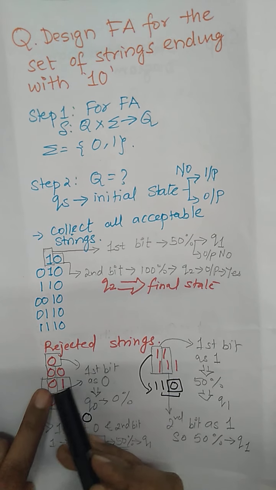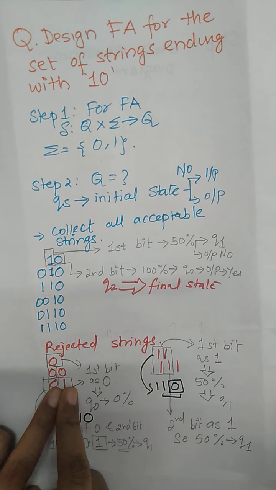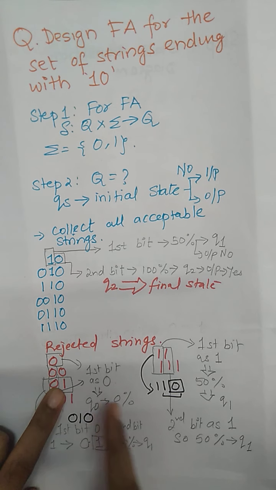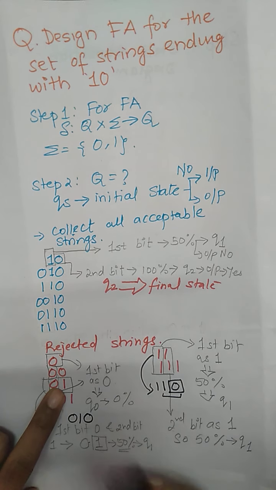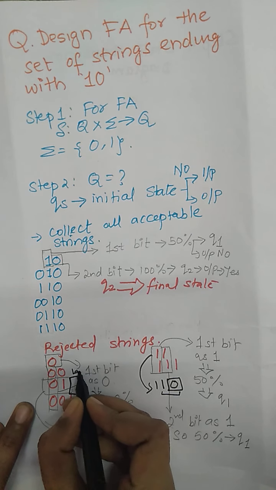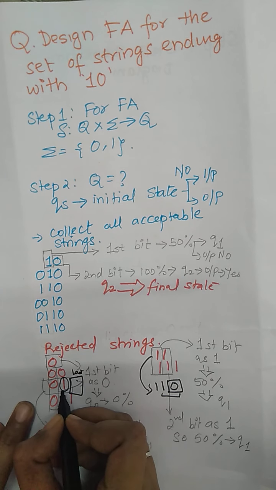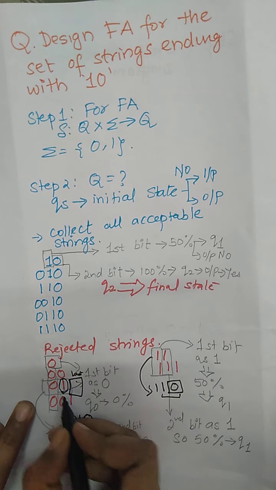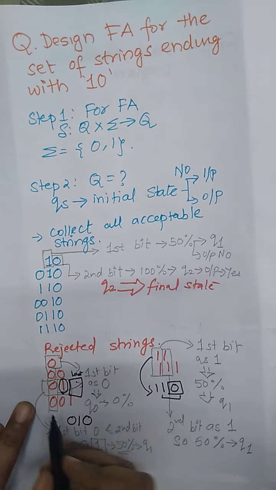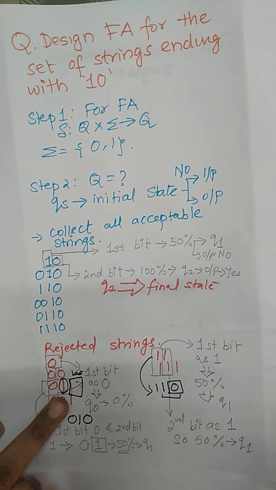Are you getting it? So in 01, this is the second last bit, this is the last bit, but we are ready to read the next bit also. If we read the next bit, this next bit will be considered as the last bit, and this will be considered as the second last bit. If the second last bit according to our question is 1, that means this condition we had already considered.